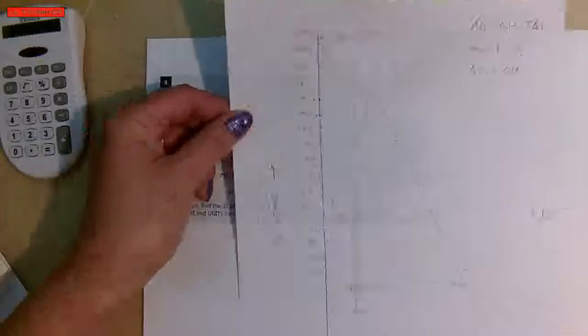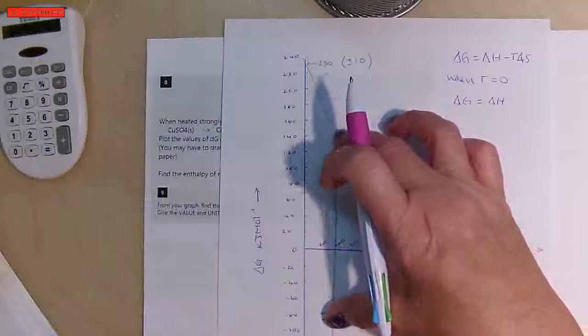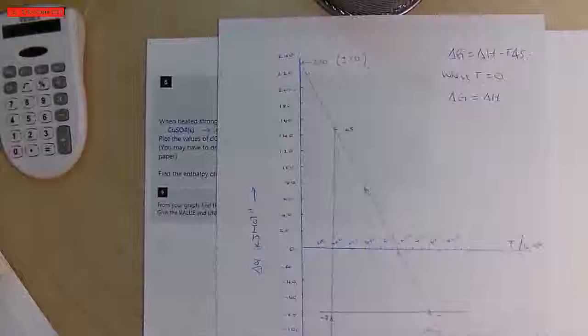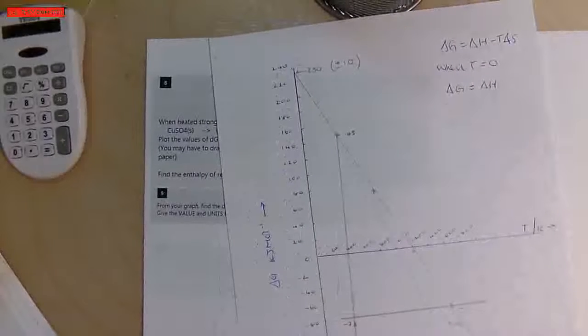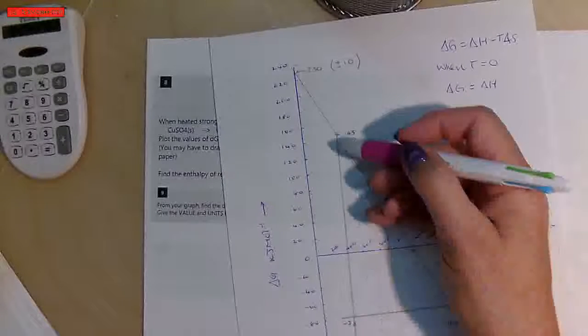So if I work out that distance there, that will give me the change in G, and if I work out the distance between these two, that will give me the change in T. So the delta G over the T will give me delta S, basically.